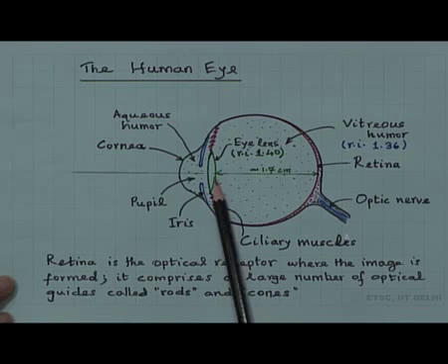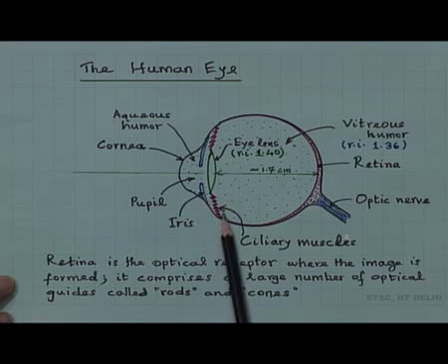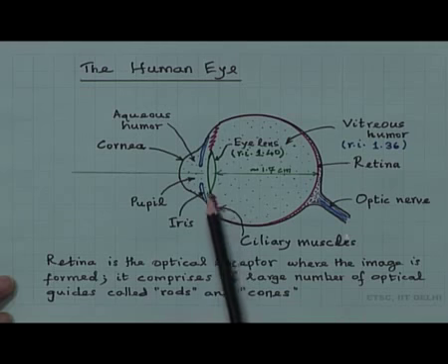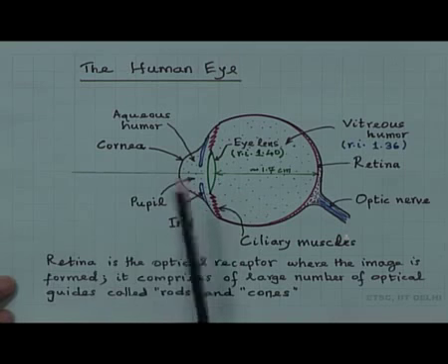The radius of curvature of the lens will change depending on the tension in these ciliary muscles. When they are relaxed, the lens is fully stretched, and when they are stretched or compressed, the lens radius of curvature changes. This has a very important role in human vision.